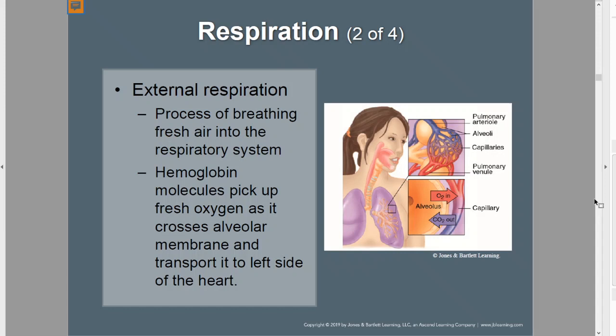Then we have external respiration, right? When we talk about external respiration, we're talking about the process of breathing fresh air into the respiratory system. Then we're talking about exchanging oxygen and carbon dioxide between the alveoli and the blood in the pulmonary capillaries.